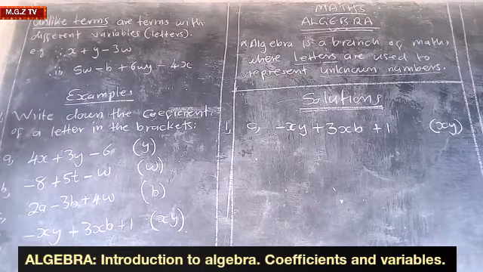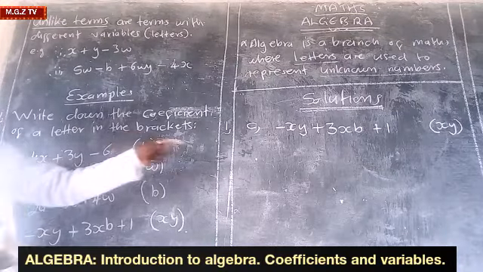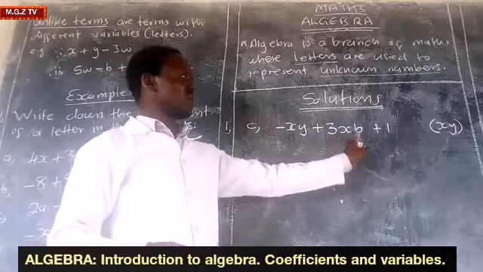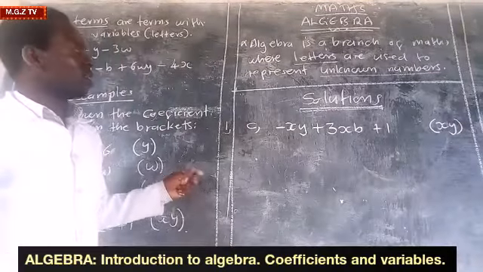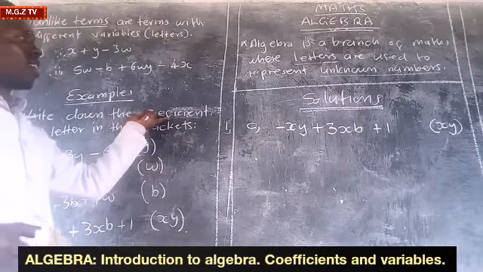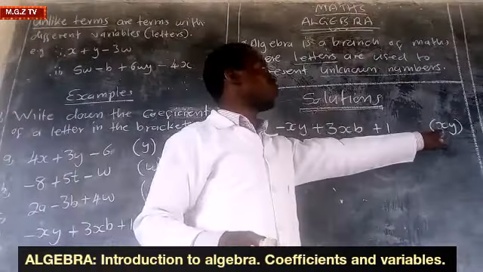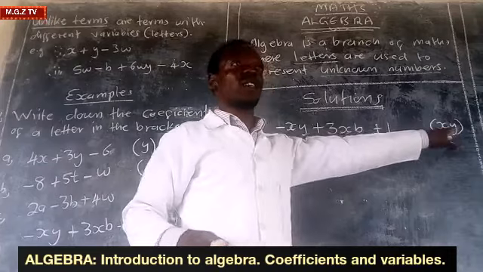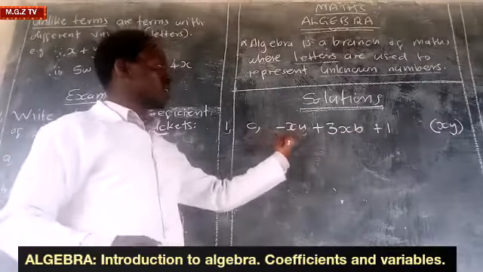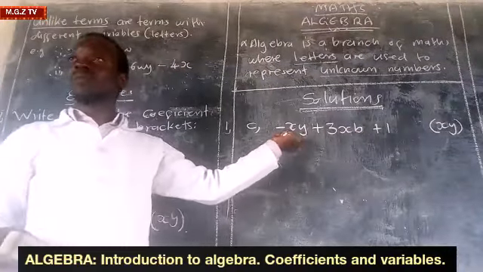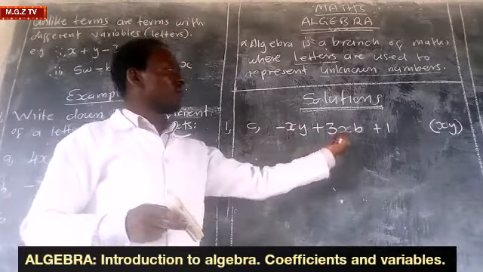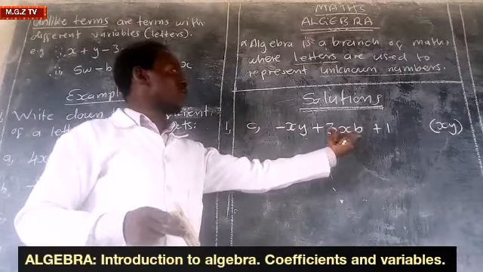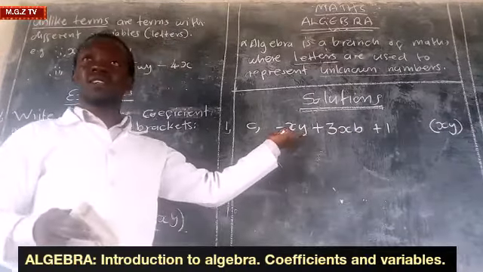The last one we have is negative xy plus 3xb plus 1. We are writing the number that is next to negative xy, right? And where is the xy? You see here, we have x there, we have x there. We have y there, but there we have b. Therefore, these are different, right?